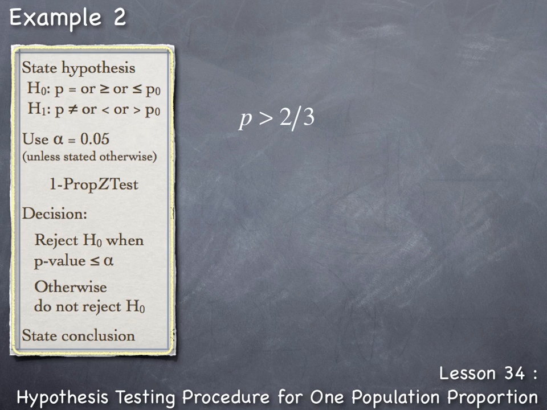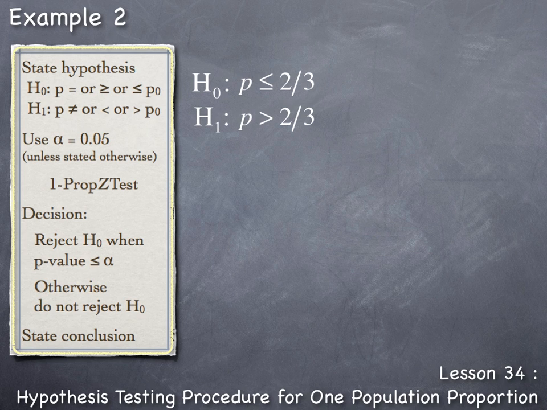That's expressed as P greater than 2/3. But if the answer is no, it's not more than 2/3, the opposite idea is valid, and P is less than or equal to 2/3. Now P less than or equal to 2/3 includes the condition of equality, and so that's always labeled as the H0, leaving the P greater than 2/3, the opposite idea, labeled as H1.